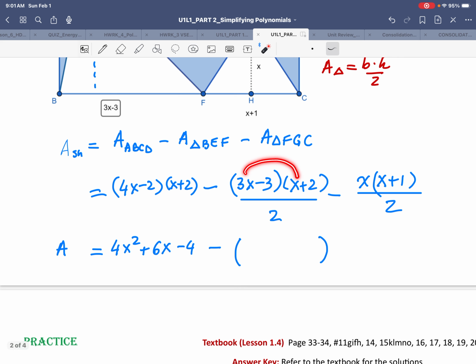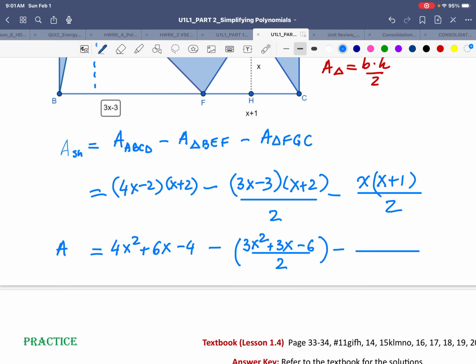So 3x squared. And now we have 6x minus 3x, positive 3x, negative 3 times 2 is negative 6. Divide this by 2. And then minus, down here we have x squared plus x, divided by 2.